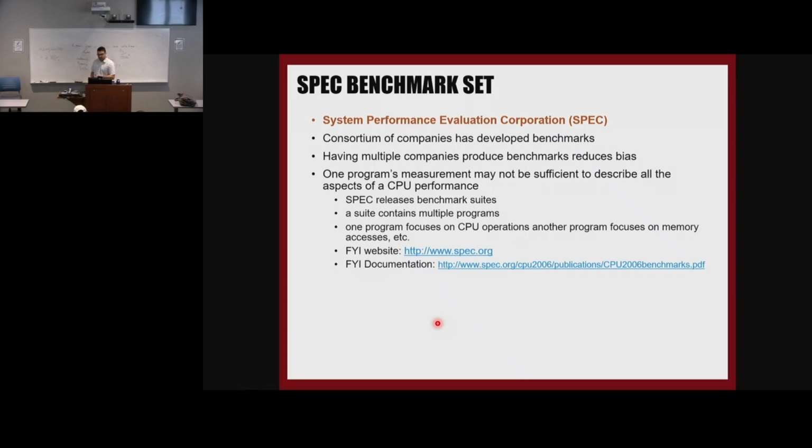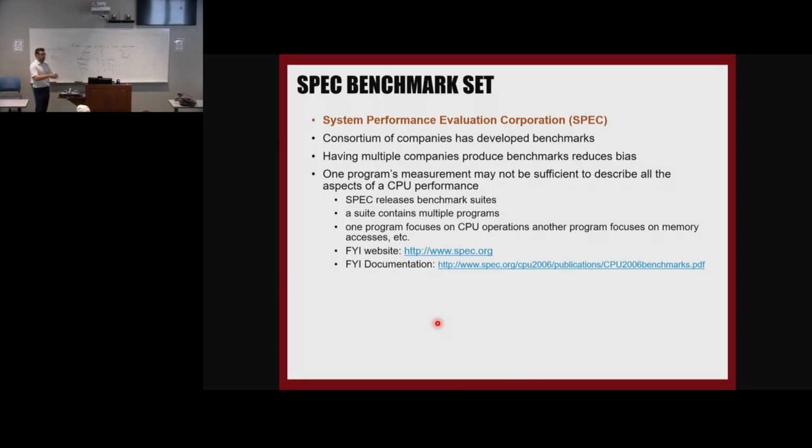Okay, so SPEC, System Performance Evaluation Corporation, is a very well-known benchmark. A bunch of companies came together and developed benchmarks. We had Intel, AMD, IBM, all these companies, and they wanted to remove the bias. Because if one company designed a workload, they could design it for their own processor.